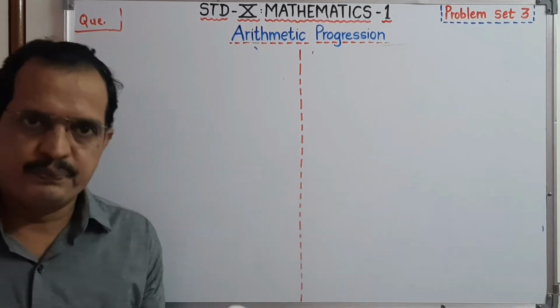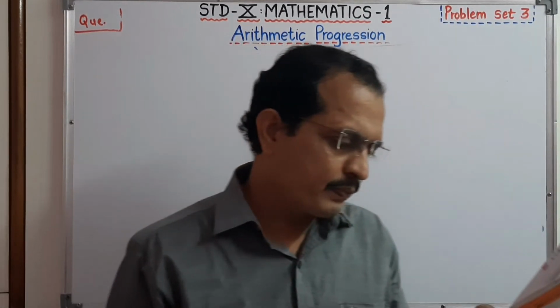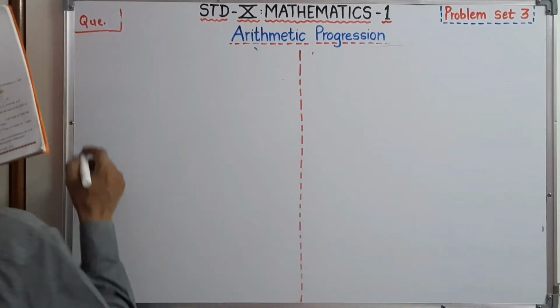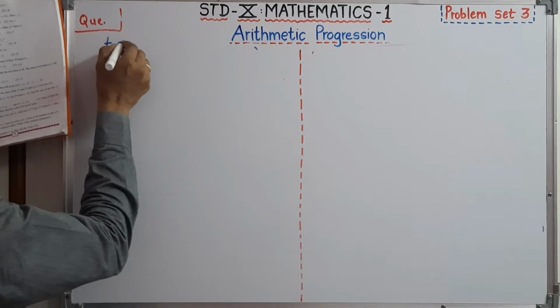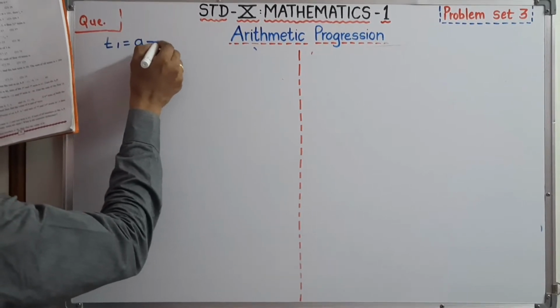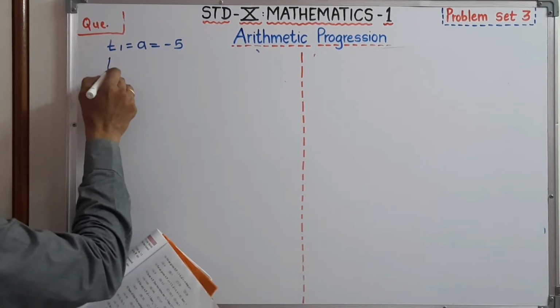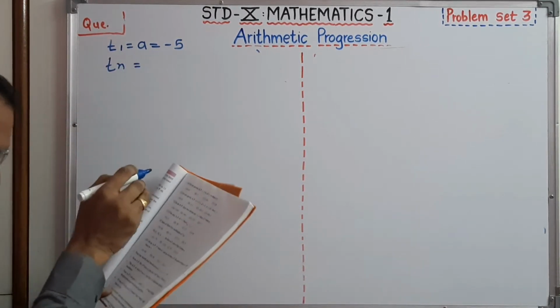See the 7th one. In an AP, the first term is minus 5. First term, that is T1 is equal to A is equal to minus 5. And the last term, that is Tn is equal to 45.